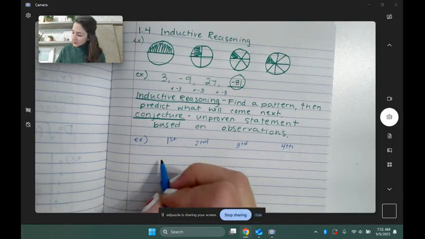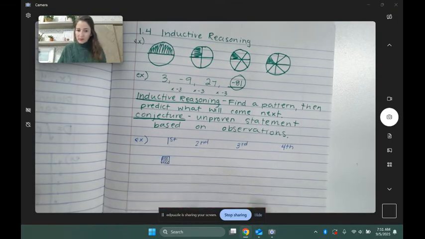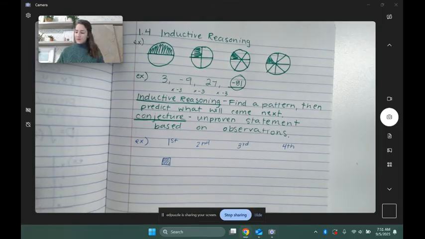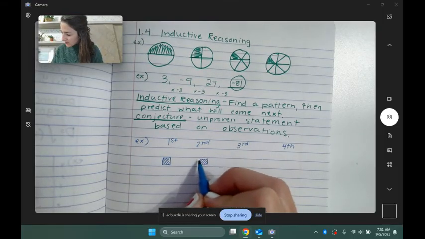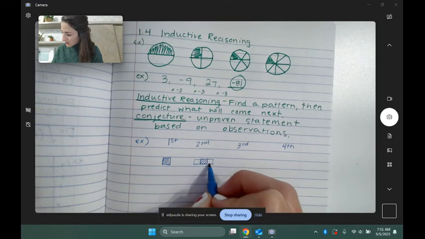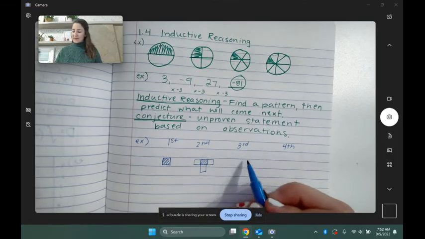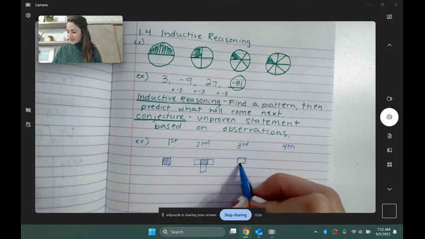So take a look. Here's my pattern. I'm going to draw one block and shade it in, one square and shade it in. Here's my second. Okay. And my third pattern.